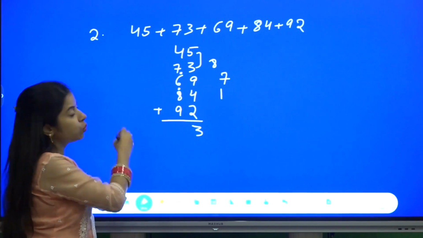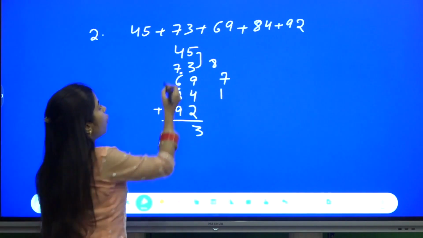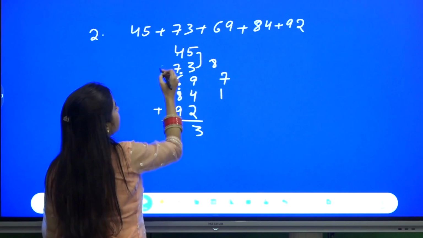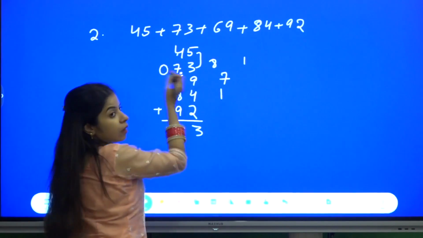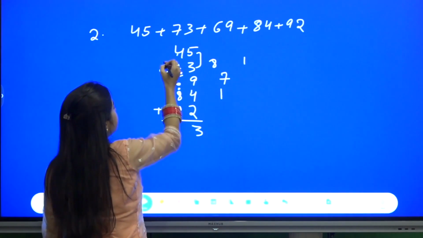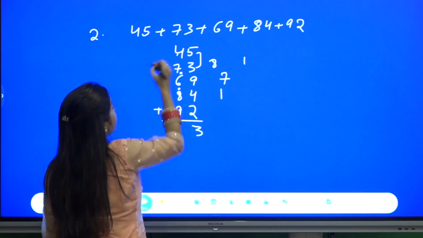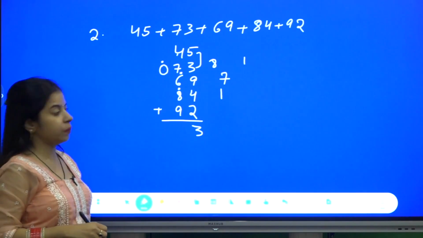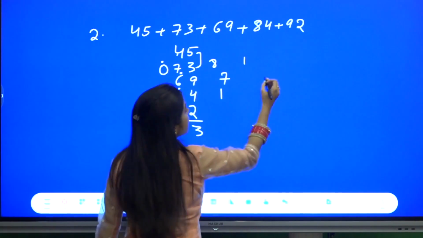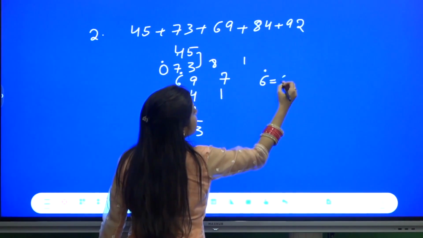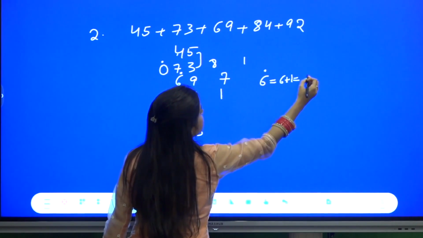Now, we are going to move to the next column. 4 plus 7 is 11 and so 1 will be kept here and 1 at the 10th place will be treated as a dot and will be placed above 0. Next is 1 plus 6 dot. 6 dot is 6 plus 1, which is 7.